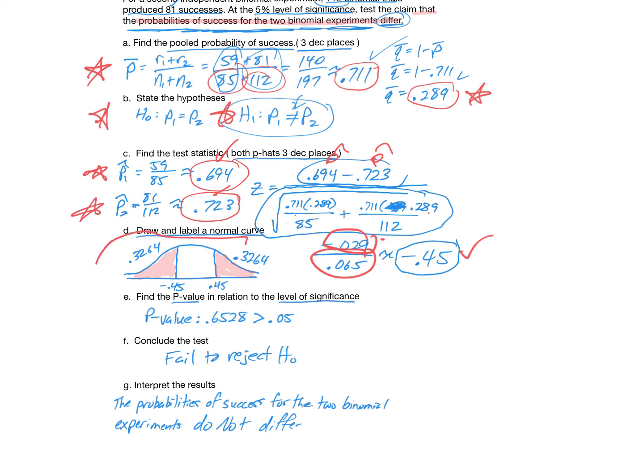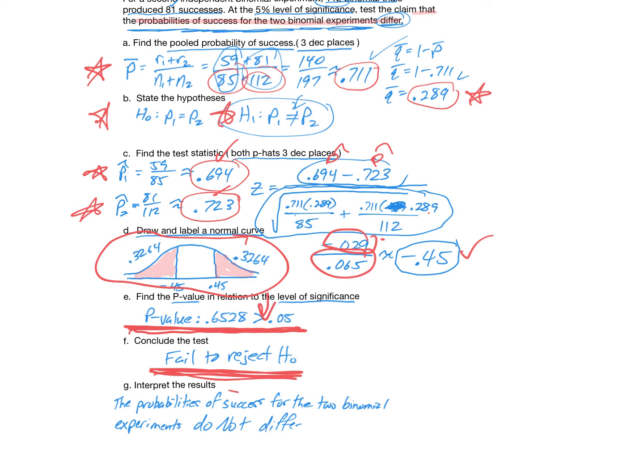Then you're going to draw a standard normal curve and label it with however many sections, whether it's a right tail, a left tail, or a two tail. You're going to make your statement of the p-value, what it is in comparison to the level of significance. You're either going to reject H0 or fail to reject H0. Remember, if this is less than, you're simply going to reject H0.